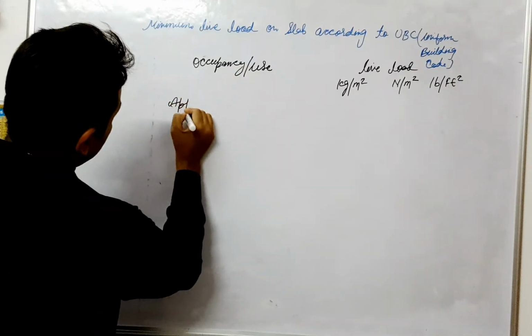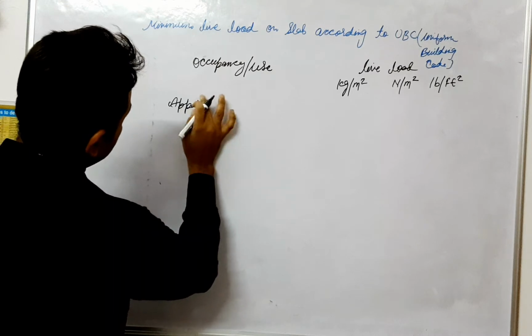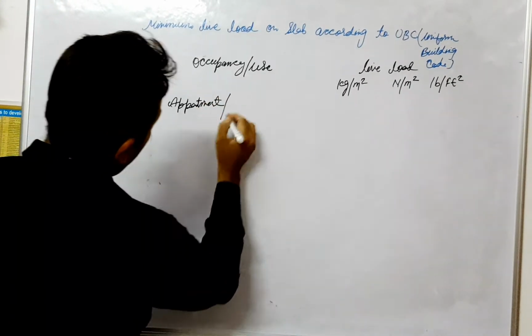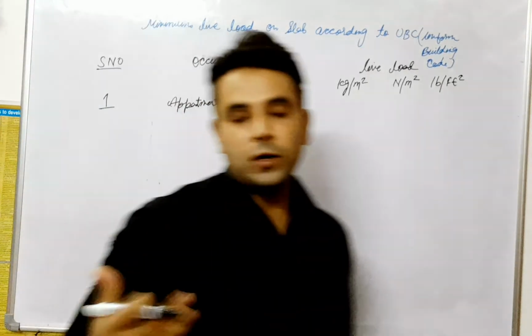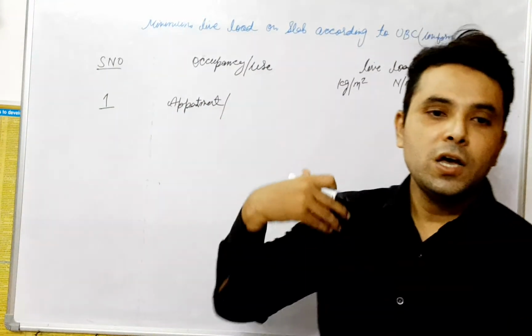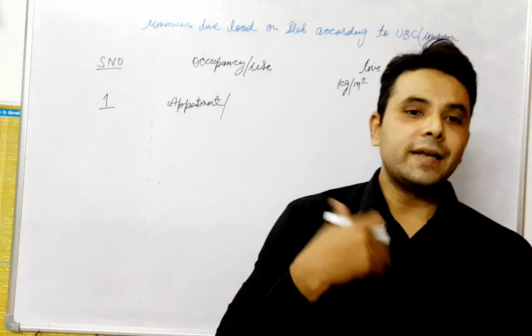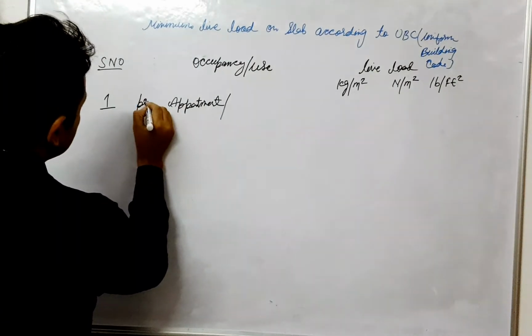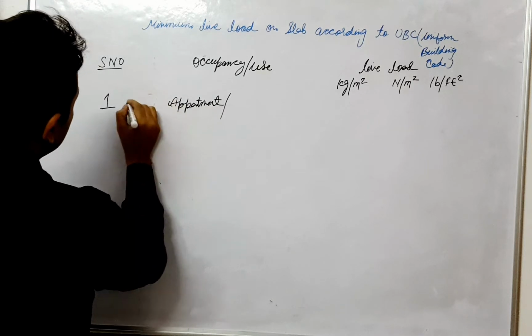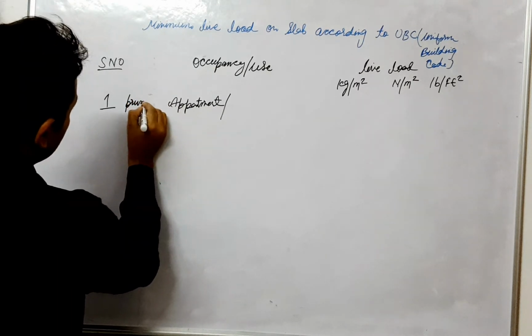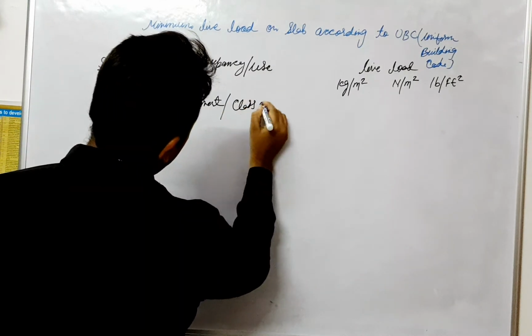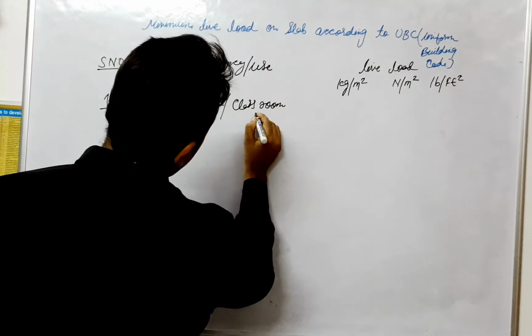So first one is if there is any apartment or any office. Suppose you are going to design a private apartment, or a classroom or offices like that. So a private apartment or any classroom offices.